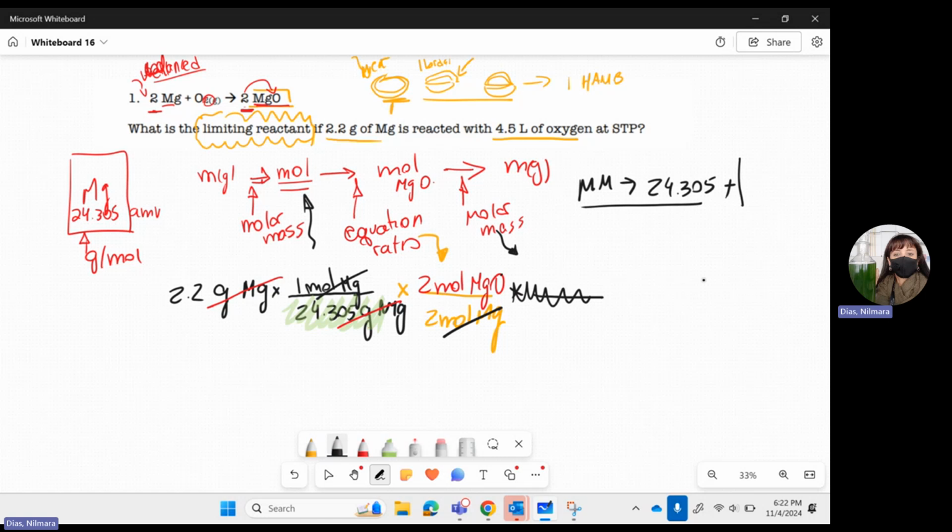We can compare moles. Of course, if you go to 16, I would do both for you, but even if you calculate just moles, you can compare.